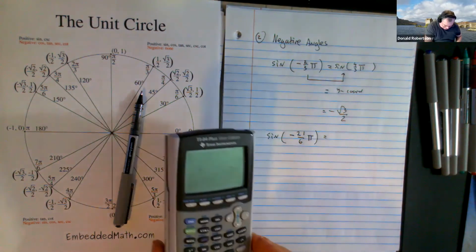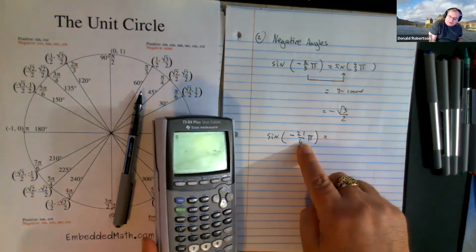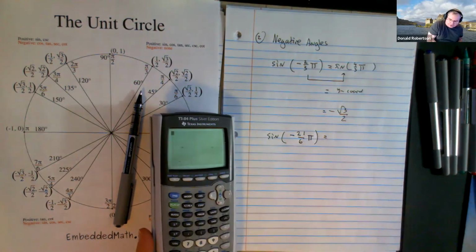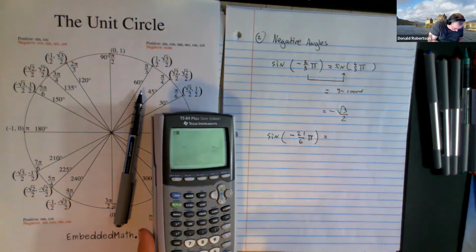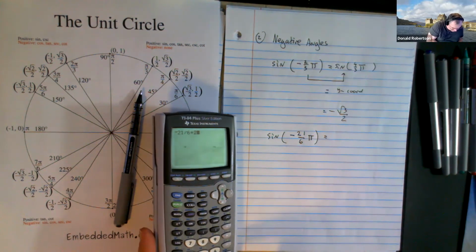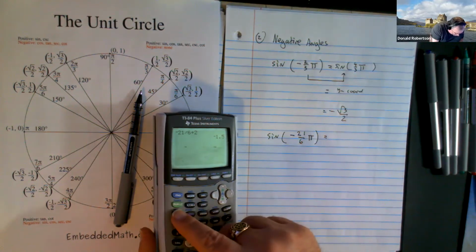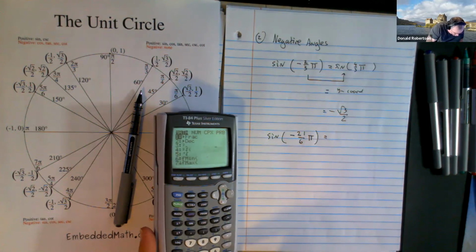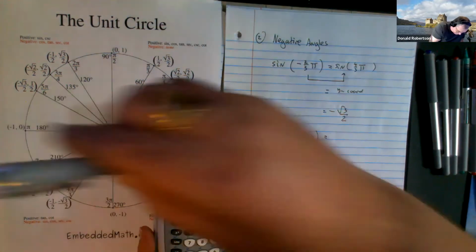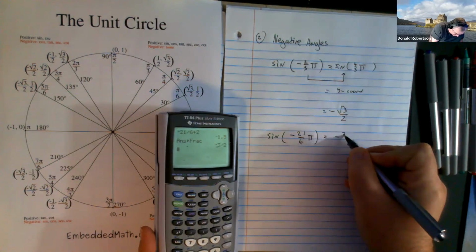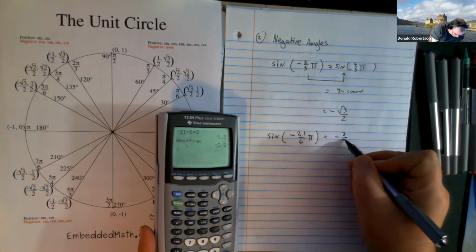Now, essentially, shouldn't I add 2 pi to that? And you could, if you can do it in your head, that's great. But negative 21/6, add 2 pi, and then go math 1. And the answer is negative 3 halves pi.